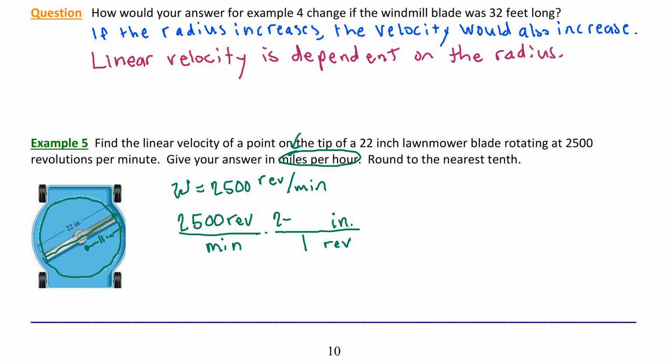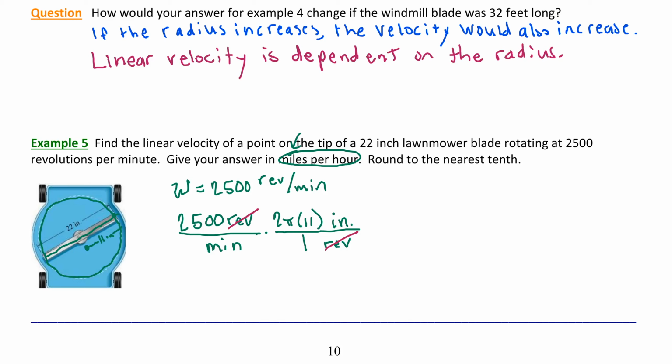That is 2 pi times the radius, 2 pi times 11. Now, if I want to convert revolutions to radians, then in 1 revolution, there's 2 pi radians. But I'm converting 1 revolution into a linear distance, so we need to evaluate the circumference formula here, 2 pi r, 2 pi times 11. Observing our units, at this point we have inches per minute.